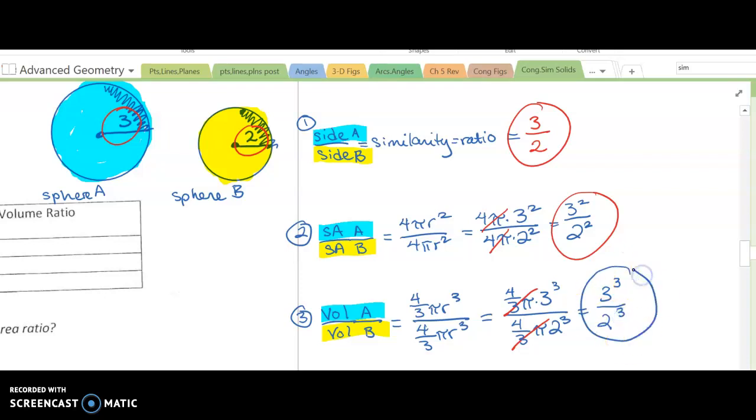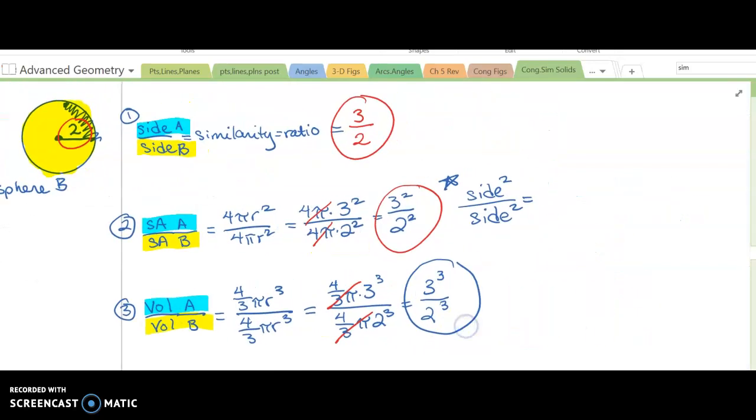I'm seeing a pattern here, friends. It looks like if our side-to-side ratio is A to B, 3 to 2 in this case, then the surface area ratio is those numbers squared, and the volume ratio is those numbers cubed. We really already knew this one because we knew that side squared compared to side squared equals area to area.